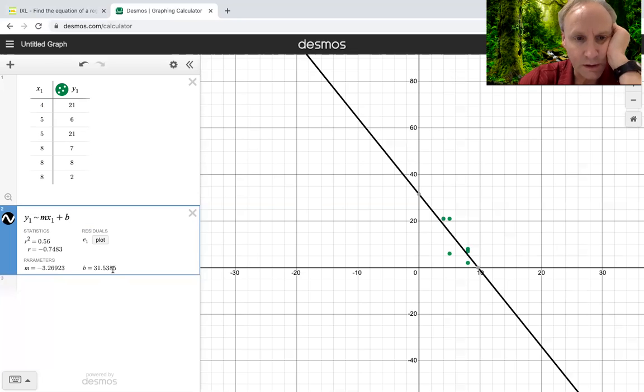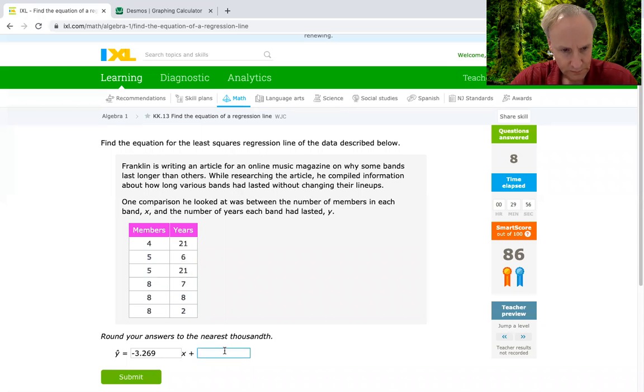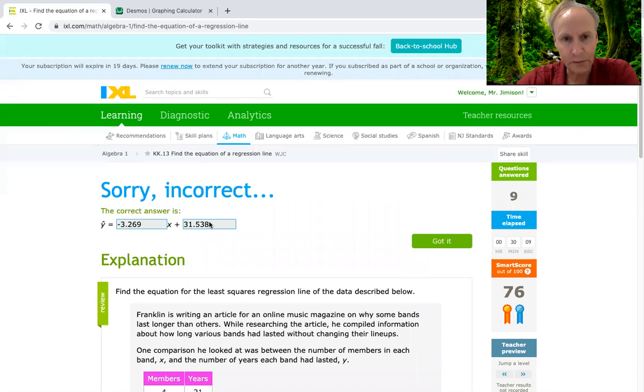I hope it doesn't count it wrong. 31.539. The last time I did this, it put 8 and it counted this one wrong. So hopefully it doesn't. Yep, it put the 8.